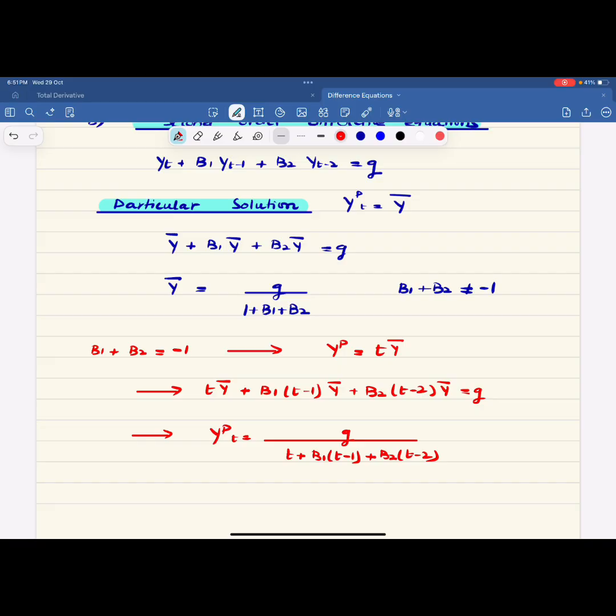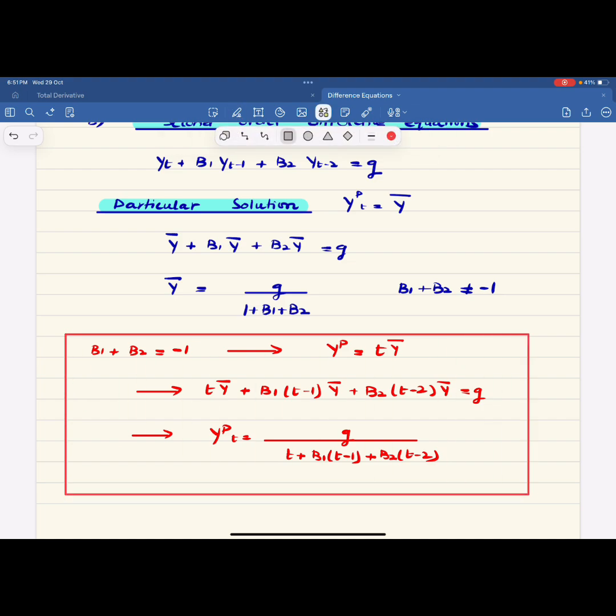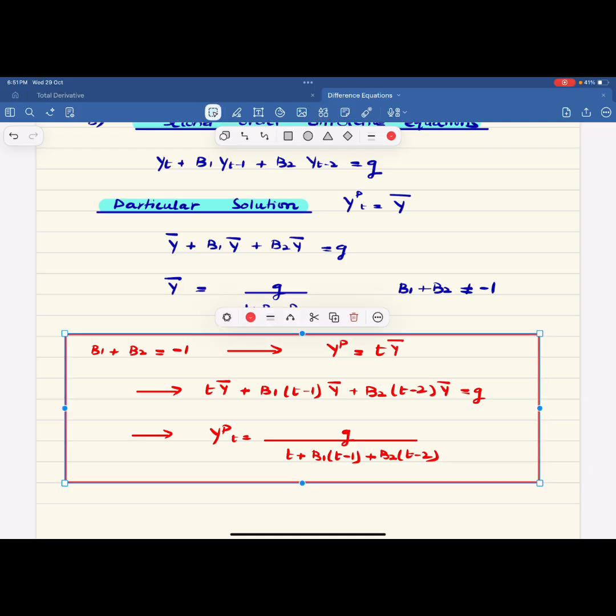So this is just for the case where we end up with a denominator which is actually equal to 0, and we can't have that.